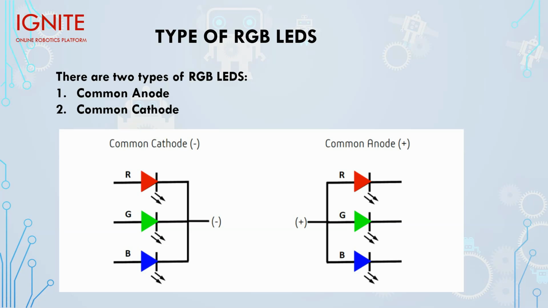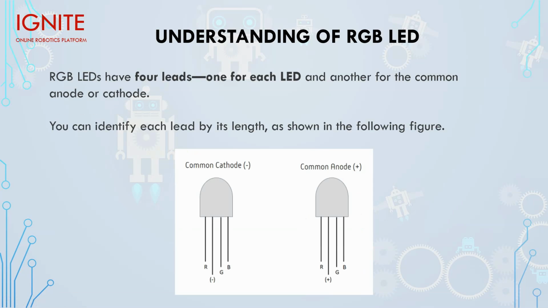For example, you can give the GND to this point and give the positive through a resistor to each and every lead. If it is glowing, then that is common cathode. If you are giving negative here and positive here and it's not glowing, then it is common anode. So if it is not glowing, then it is the reverse of your assumption.